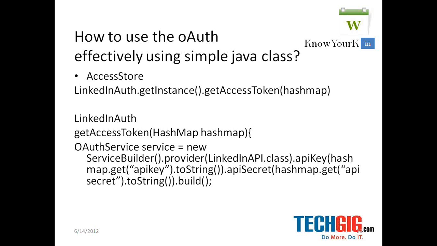And the LinkedIn authorization has been done, and it's passed through this getAccessToken, and this access token is accessed through OAuth services. Basically, you have this service builder and provider to access the LinkedIn API class, where you pass the hash map and get the API call from the hash map table, where you get the API secret key as well.